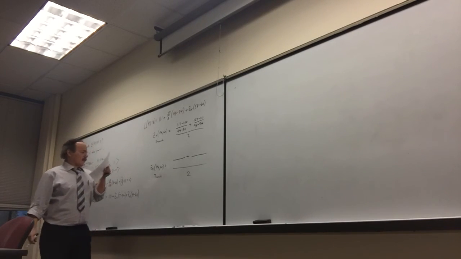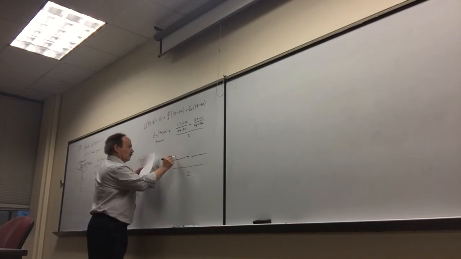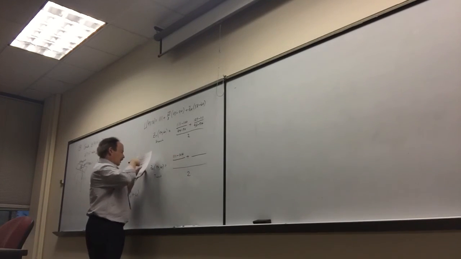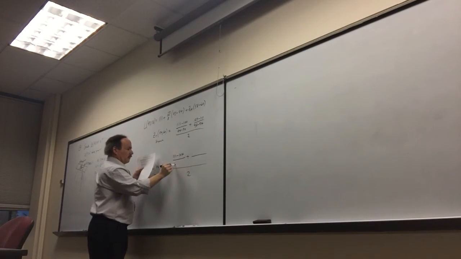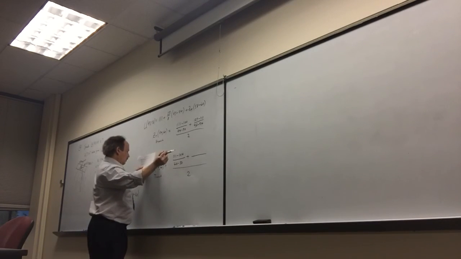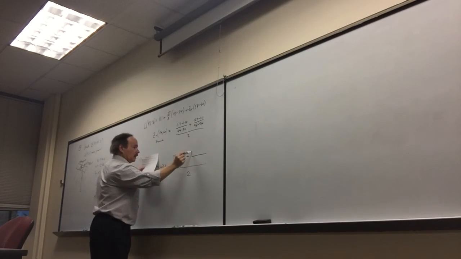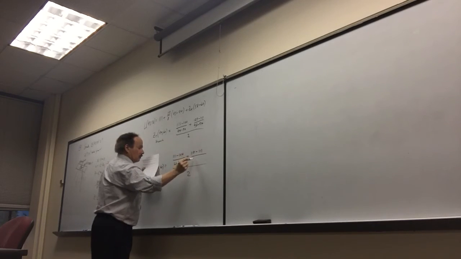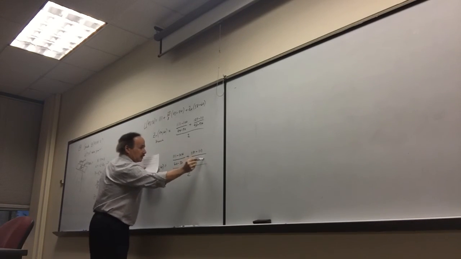Yes, 111 minus 104 on the left side, over 60 minus 50, right? And then the right side, also 7 over 10: 118 minus 111 over 70 minus 60. So how much is this?